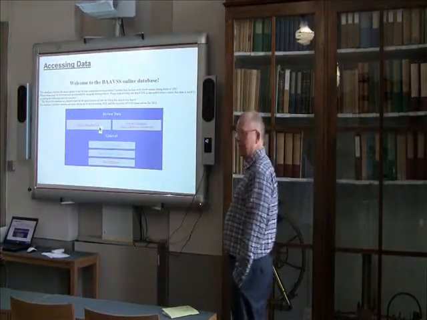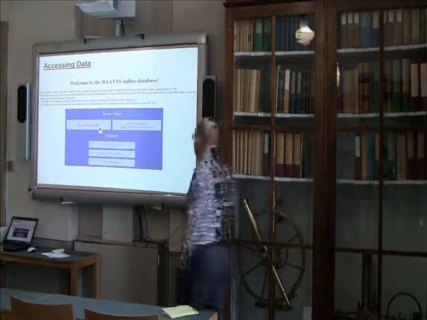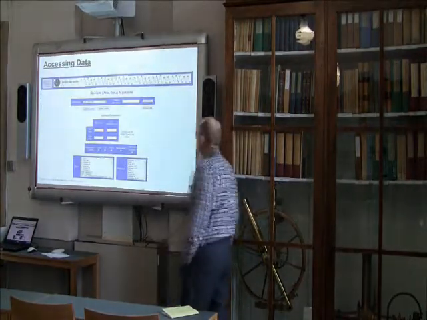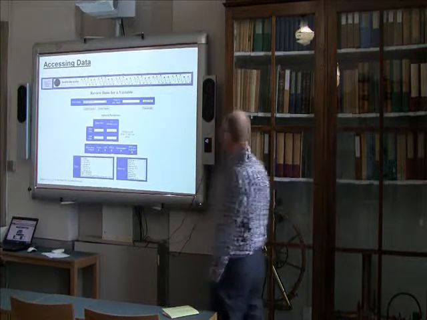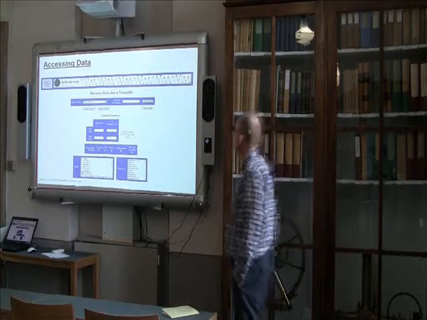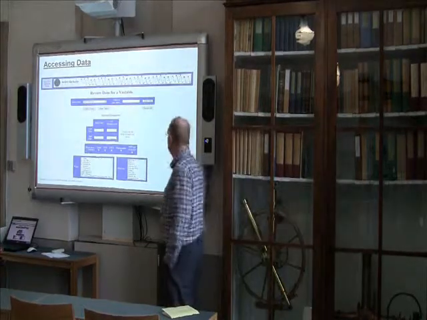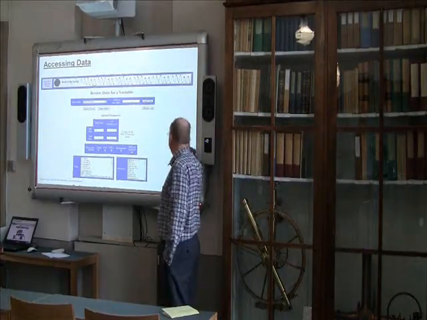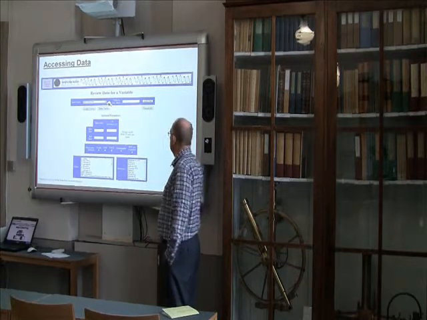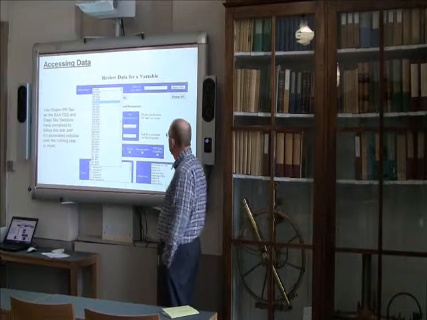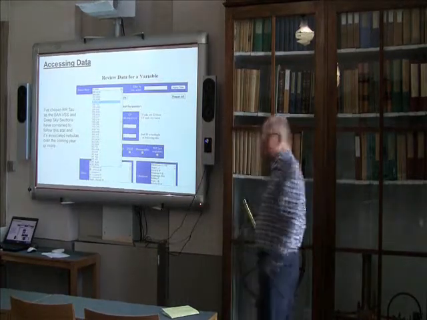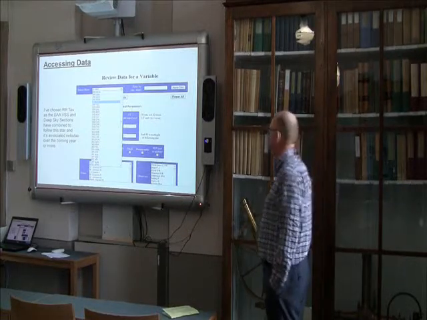Review data for a star. I then submit the object we wish to see and the parameters. So I picked RR Tauri, which I explained was variable star of the year.